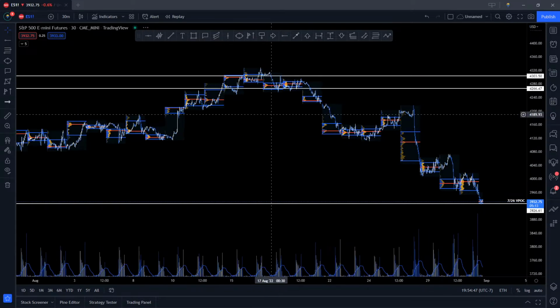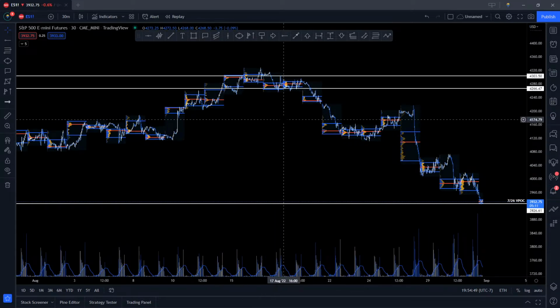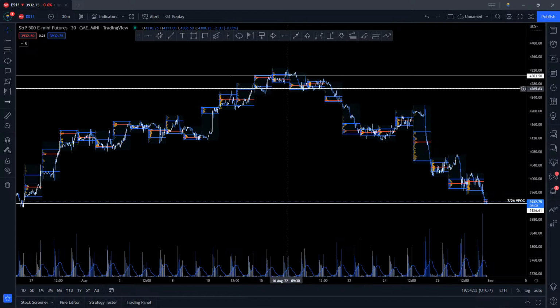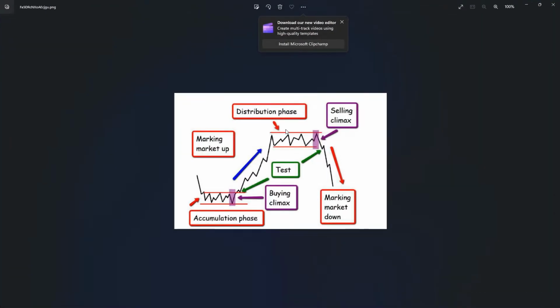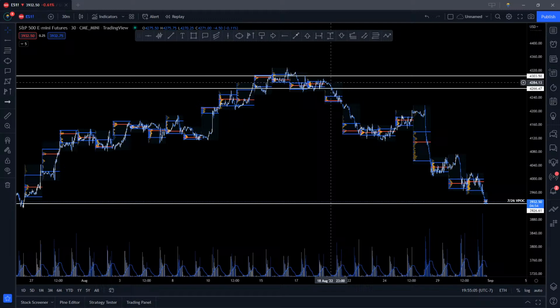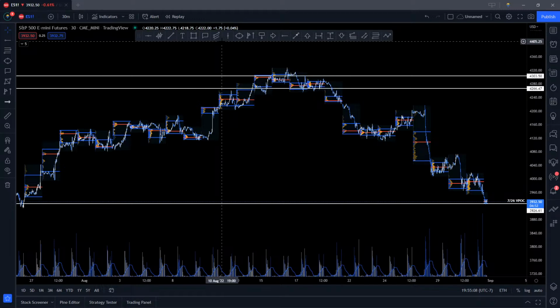So when price comes to this level, you can see this is going to be our distribution phase. So on that picture I showed, let me just pull it back up really quick. Here's our distribution phase, right?